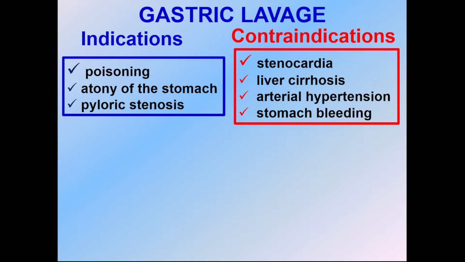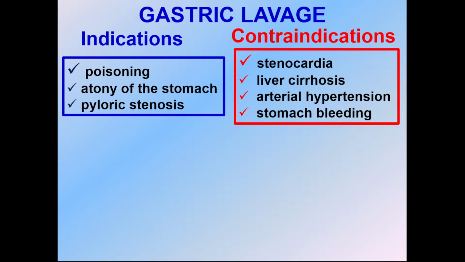This manipulation is contraindicated for patient with liver cirrhosis, because in these diseases there may be dilated esophageal veins and our tube can easily rupture them and provoke esophageal bleeding.